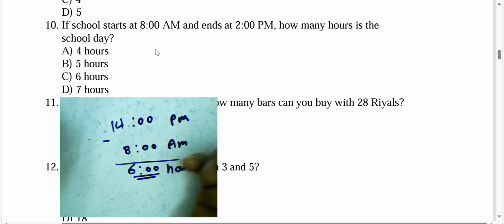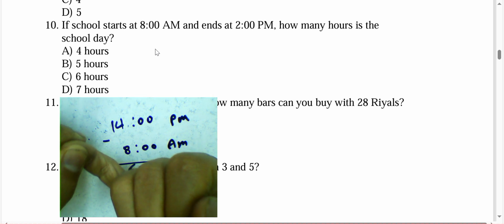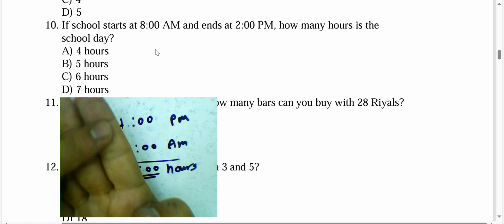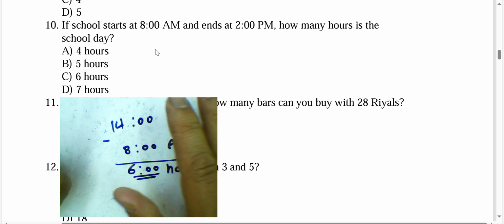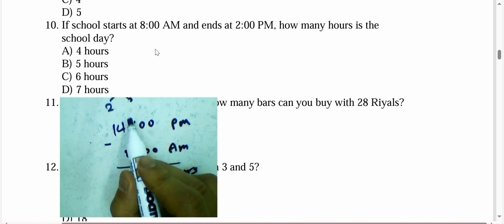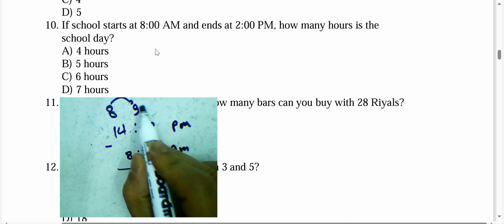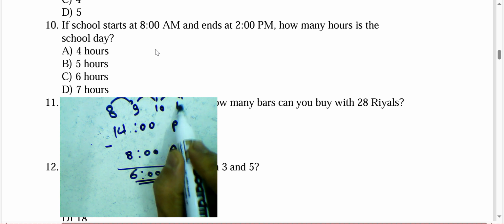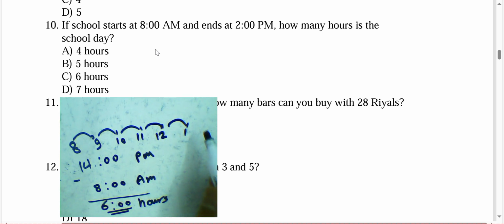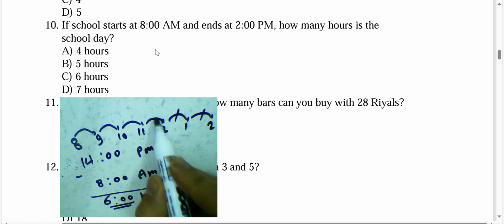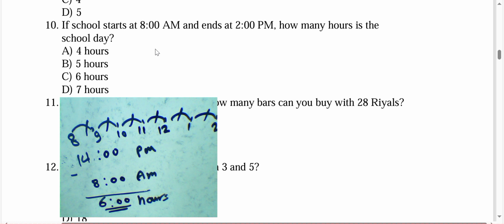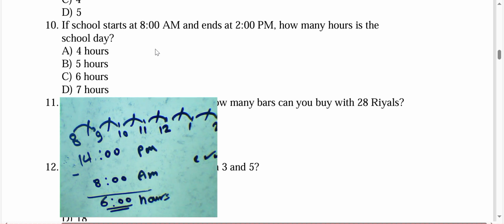Going from 8 to 9, 9 to 10, 10 to 11, 11 to 12, 12 to 1, and 1 to 2: 1, 2, 3, 4, 5, 6. We have 6 hours. You can use this method or the other method as you like. So the result here will be letter C.